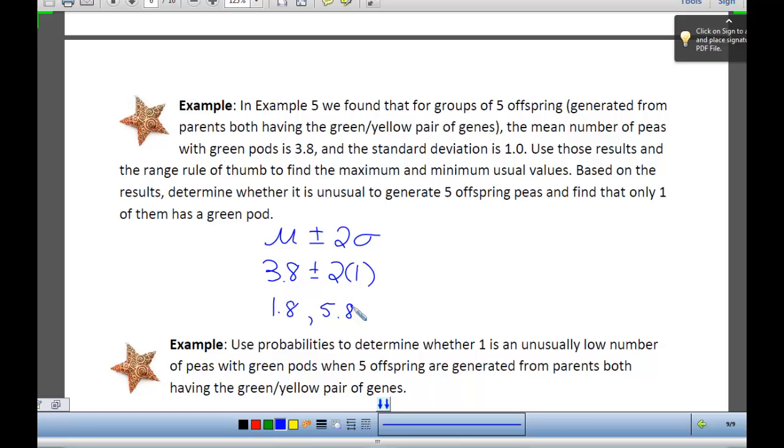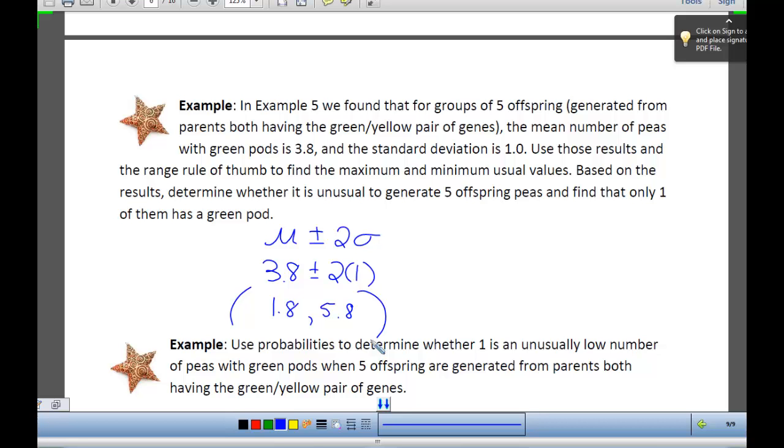But in a practical sense, it's saying that it's not unusual for us to have 5 green pods. Intuitively, when the probability of getting green is 0.75, would you agree that getting 5 green pods is not unusual? So that makes sense. This would be our range from minimum to maximum typical number of pods.